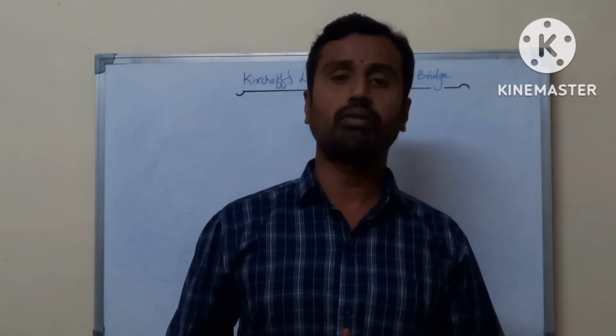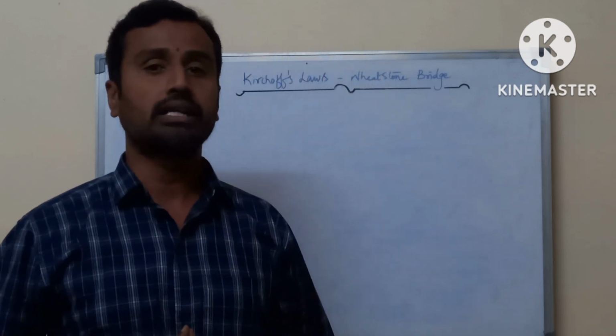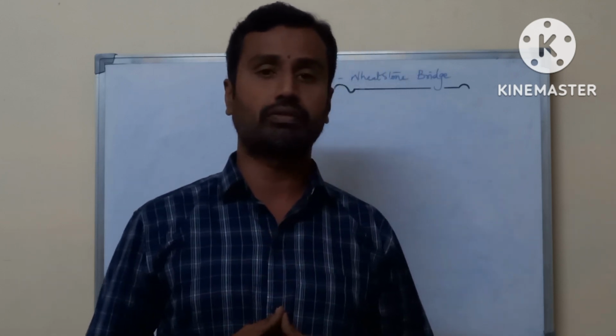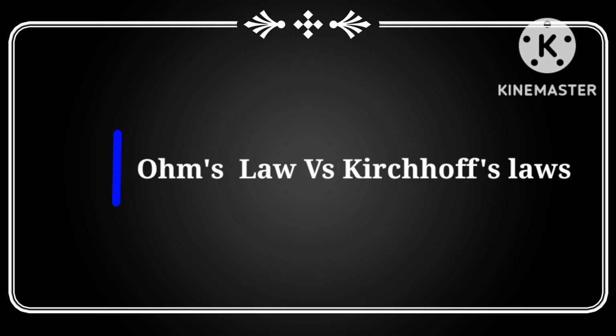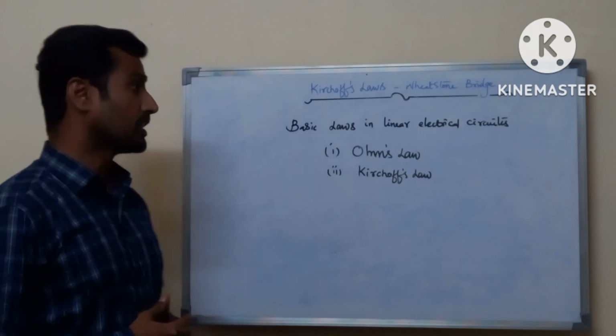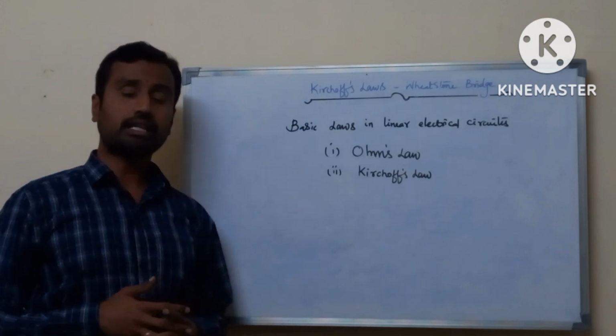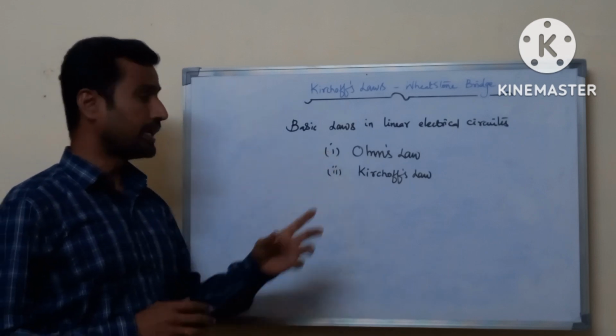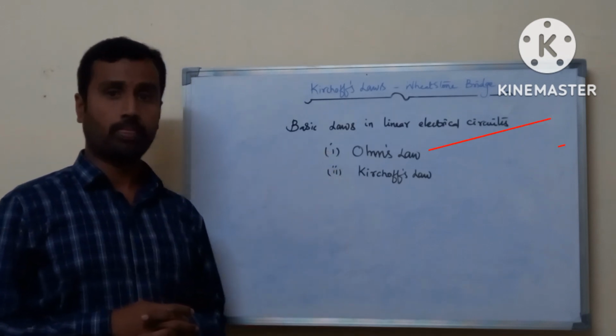Today we will discuss Kirchhoff laws and how to apply these Kirchhoff laws to the Wheatstone bridge in order to obtain the balancing condition for it. Basic laws that govern linear electrical circuits are Ohm's law and Kirchhoff law.